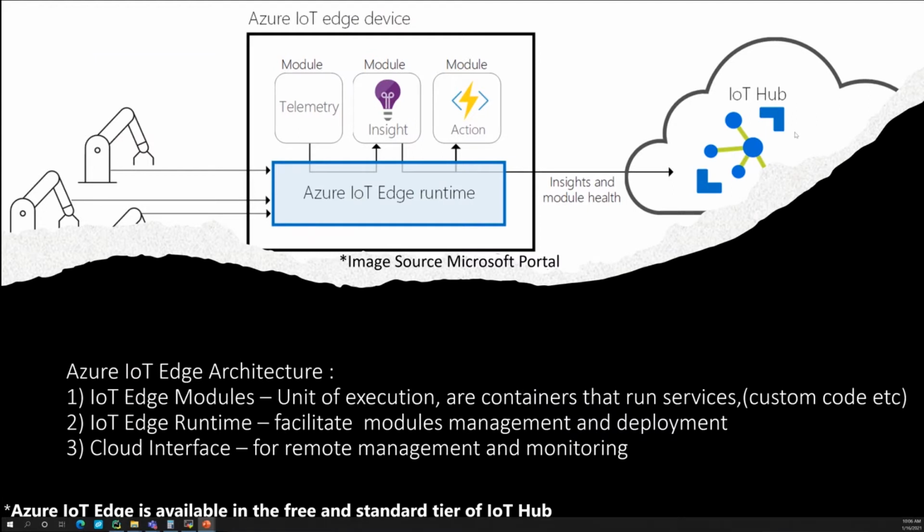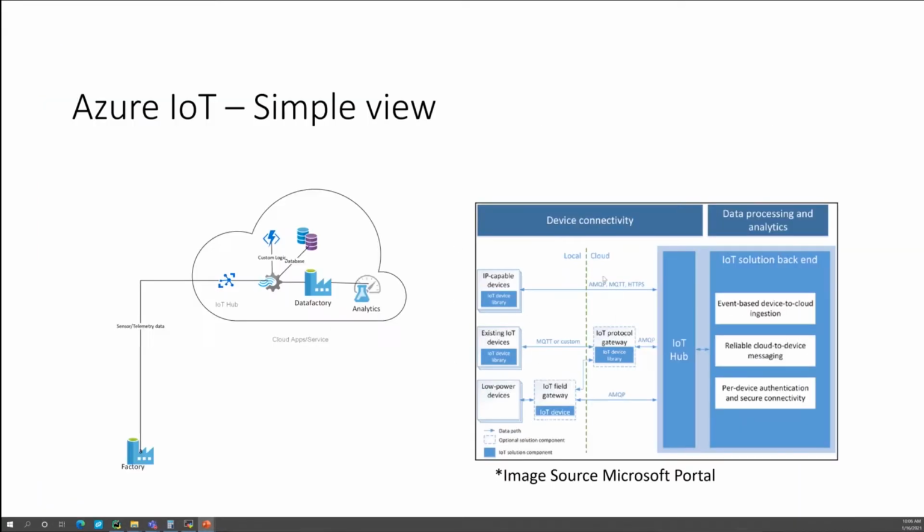It allows you to take your cloud services, such as stream analytics, custom logic, and databases, and move a lot of these AI analytics down to the edge device. Today I'll show you how easy it is to set up an edge device on a Raspberry Pi and get started with Azure IoT Edge.